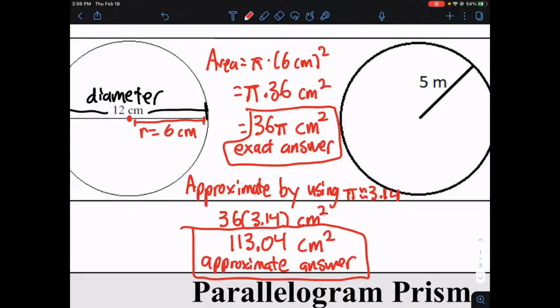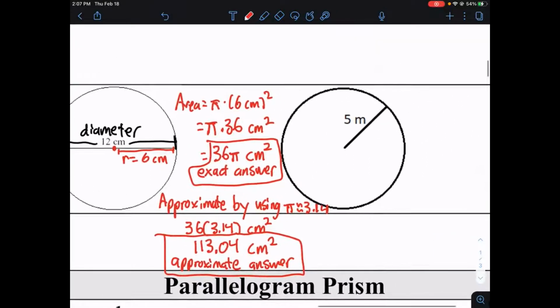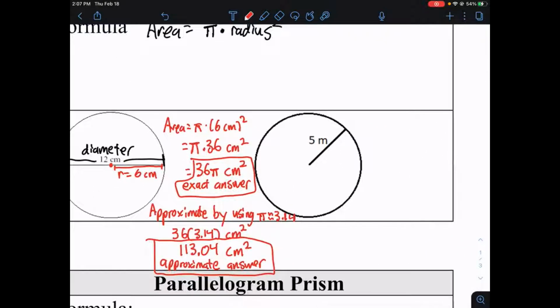When you replace pi with 3.14, which is not its true value, since pi goes on forever, 3.14159 and so on, you've cut it off, so it's not exactly the right value. It's an approximation. Go ahead and for this other circle, please give me both the exact and the approximate value. I'll give you a minute to work on that.